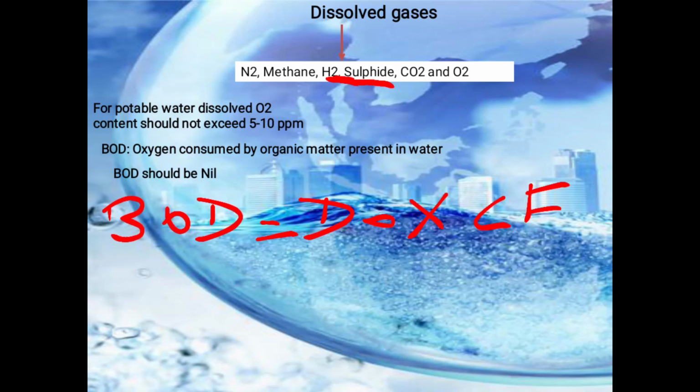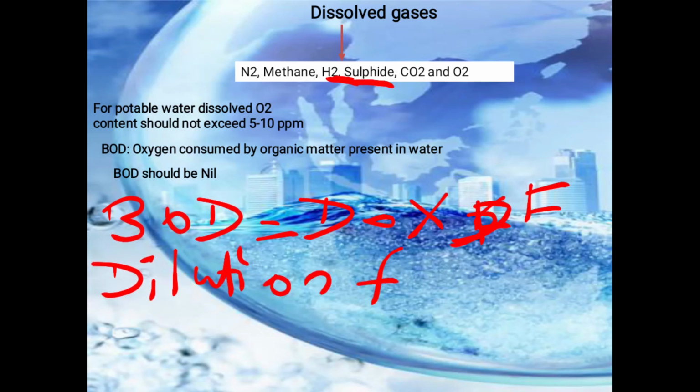Next, carbon dioxide. The water absorbs carbon dioxide from the atmosphere. If water comes across calcium and magnesium salts, the carbon dioxide acts on them and converts them into bicarbonates and causes hardness in the water. The presence of carbon dioxide can be easily determined by mixing lime solution in the water.